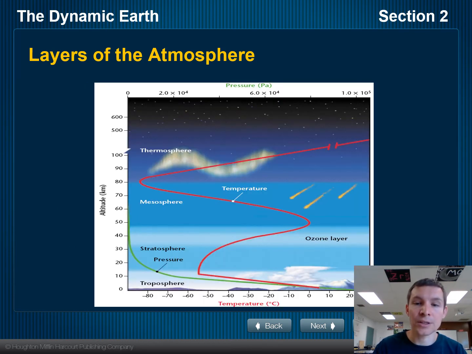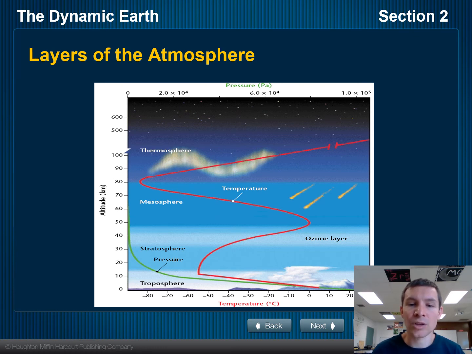You'll see in this diagram that you have temperature and altitude, with temperature going across the x-axis and altitude going on the y-axis. We also notice that across the top there's pressure. I mentioned that pressure and temperature changes happen within these layers.